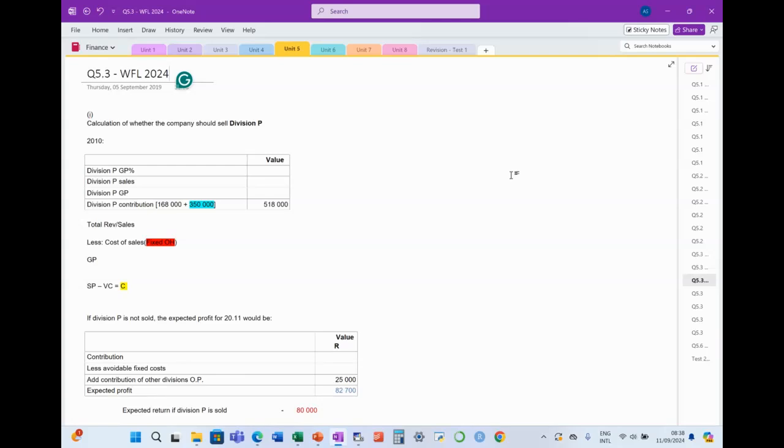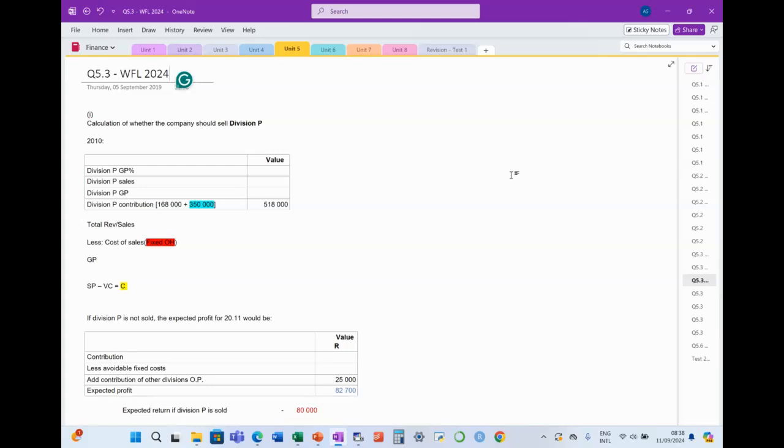Does that make sense? So if we decide to keep, we need to make sure that we earn more than 80,000 to justify keeping division P. Does that make sense? And whatever other additional income we would have realized as a result of selling division P. Okay, so that is the information in the question.